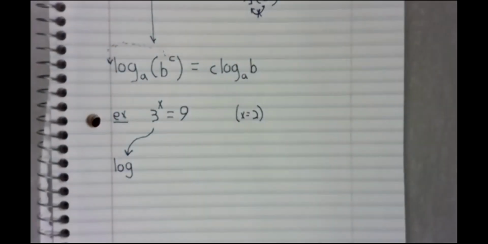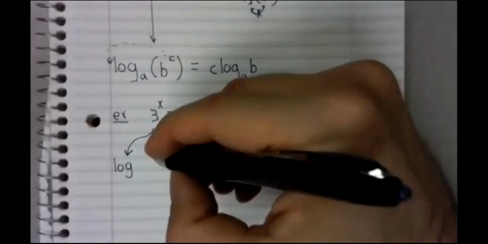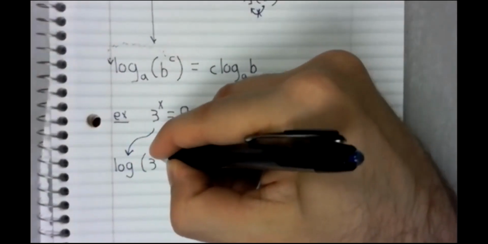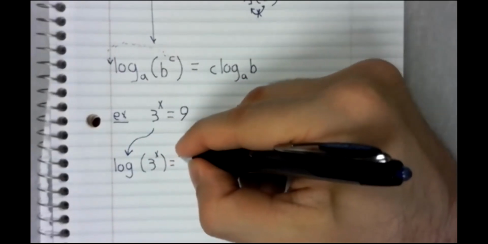And by nice, I mean a logarithm that has a button assigned to it on the calculator. Let's take the common logarithm of both sides.